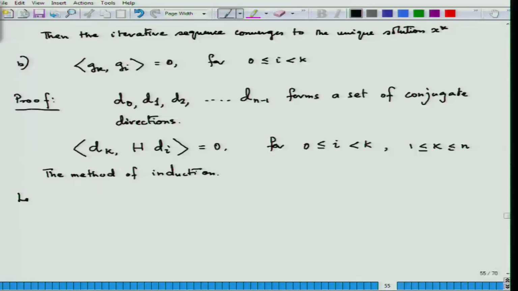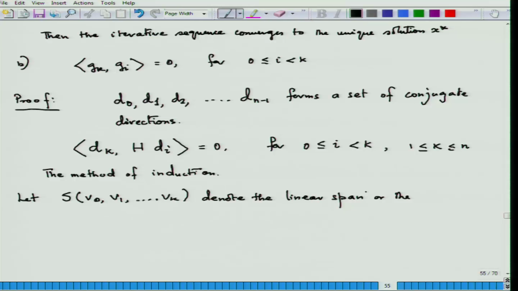Now, let S(v0, v1, ..., vk) denote the linear span, or the subspace, spanned by the vectors v0, v1, ..., vk.